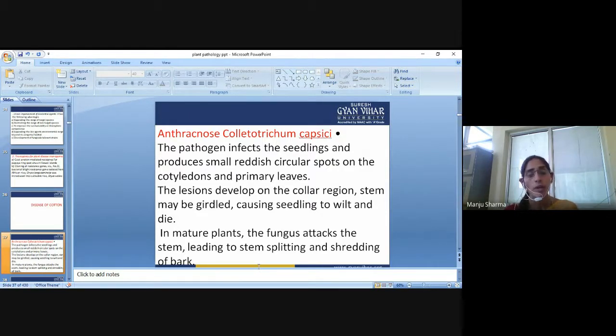In mature plants, the fungus attacks the stem, leading to stem splitting and shredding of bark.